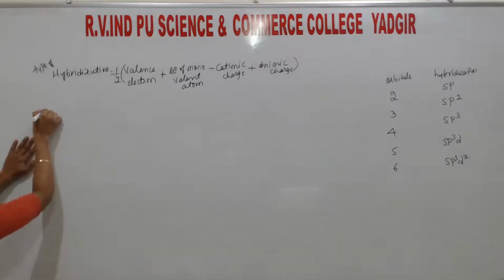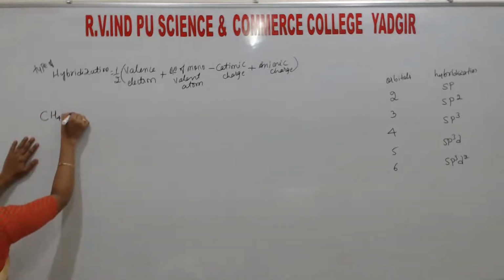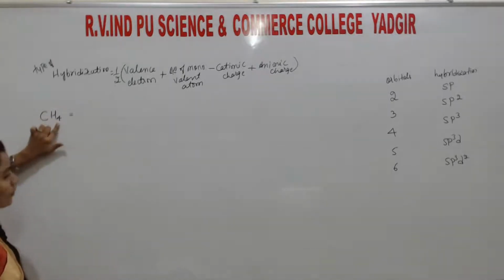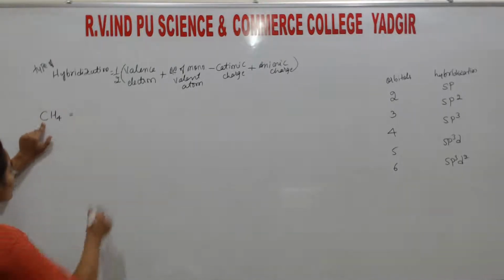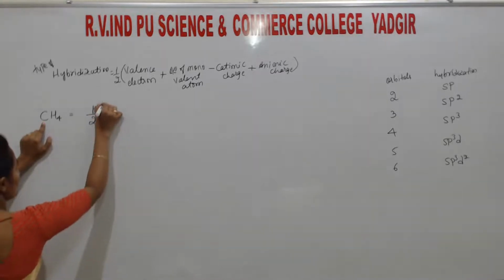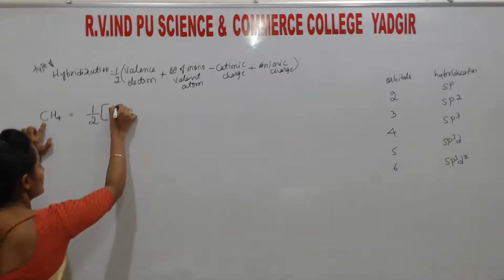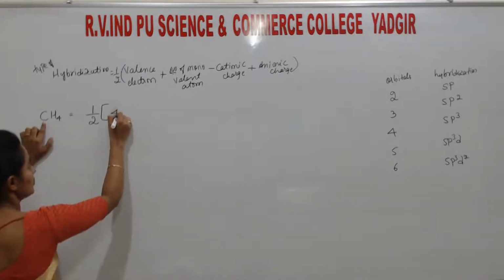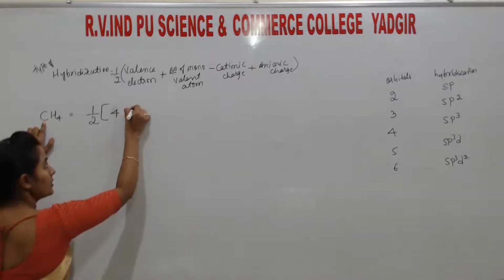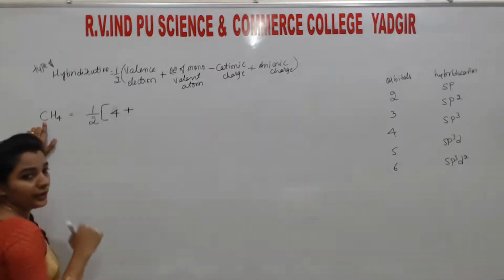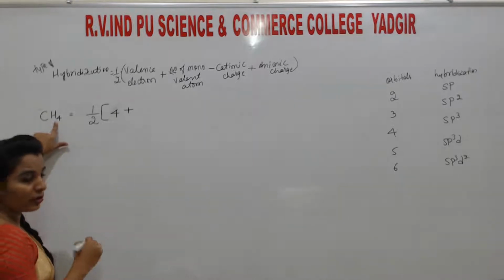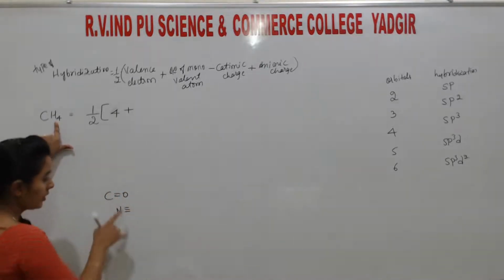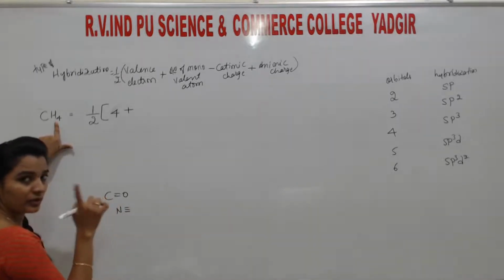So I take CH4. We need to find out the hybridization of CH4 molecule. So the formula: half into valence electron of carbon, which is 4, plus number of monovalent atoms. Hydrogen is monovalent, oxygen is divalent, nitrogen is trivalent. Monovalent means single bond formation.